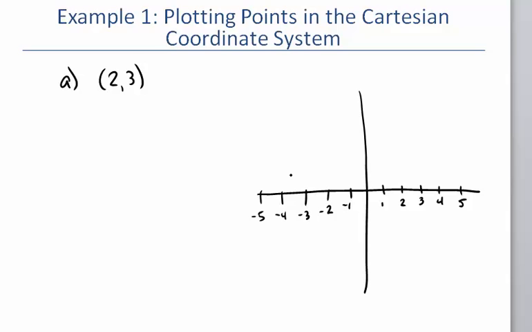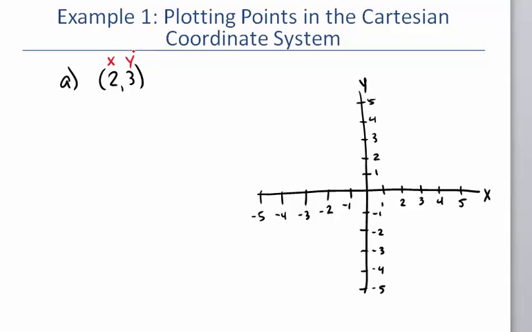On the y-axis, we have positive numbers going up and negative numbers coming down. Every point you are given has an x value first and a y value second.